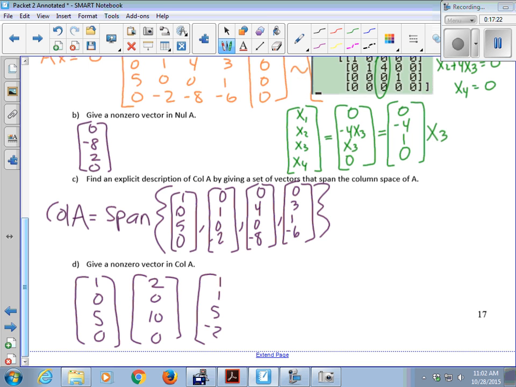So basically, any linear combination of those guys will be in col A. It's put a weight of 1 on the first vector, 0s on the others. Yep.